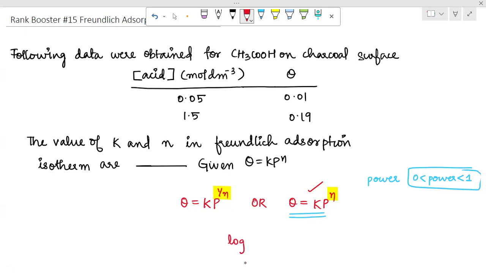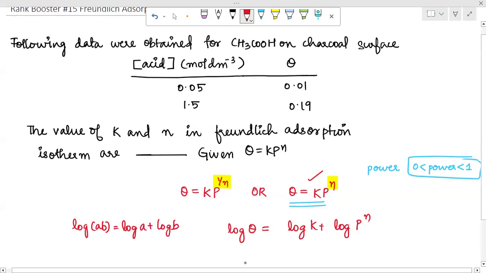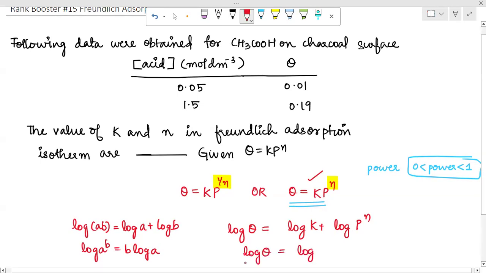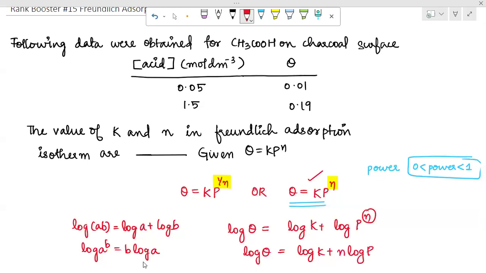We get log theta is equal to log K plus log P to the power N, because log AB is equal to log A plus log B. And also we know that log A to the power B is B log A. So based on that, log theta is equal to log K plus N log P.